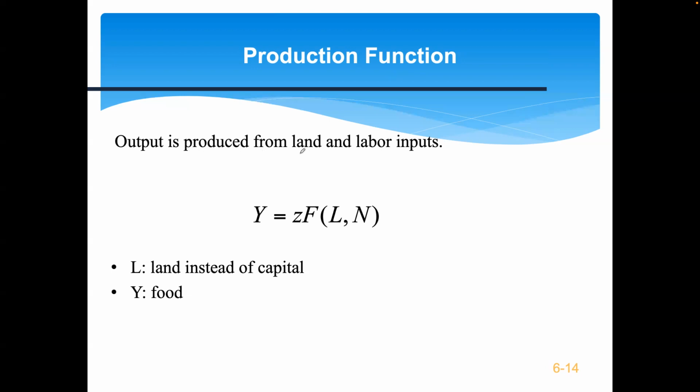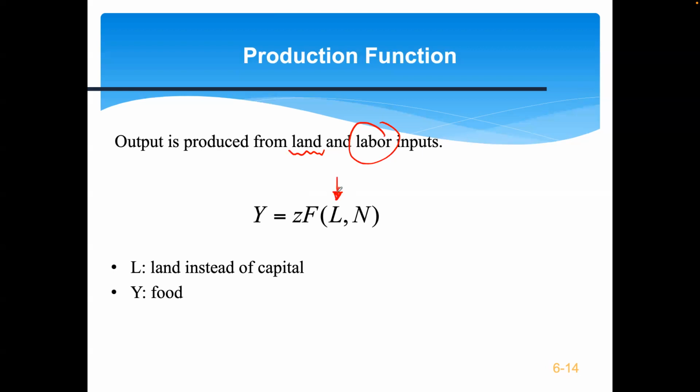Output is going to be produced from two things. One is labor. That's something we're familiar with because you need labor to do all the hard work. Secondly, we need land. Now, land is a key factor in his theory. Why is land a key factor and why is it going to play an important role?